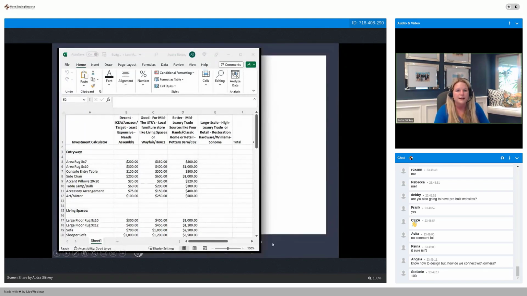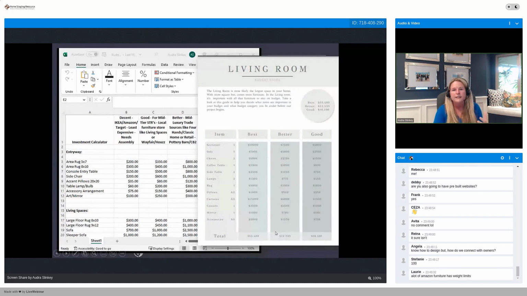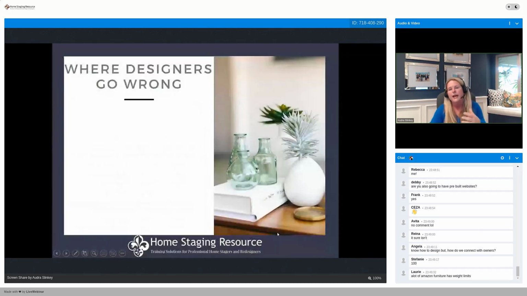And then we have it also in a Canva template, again, as a budget guide so they can build their budget. Because I think it's important for you to educate your clients because it's not their fault that they think that sounds expensive when you tell them your pricing. It's because they don't know how much goes into furnishing a space. Do you guys agree with me? I hope so.